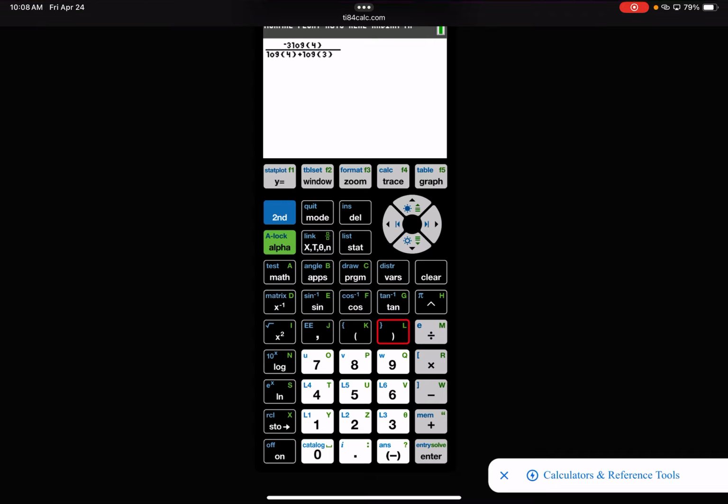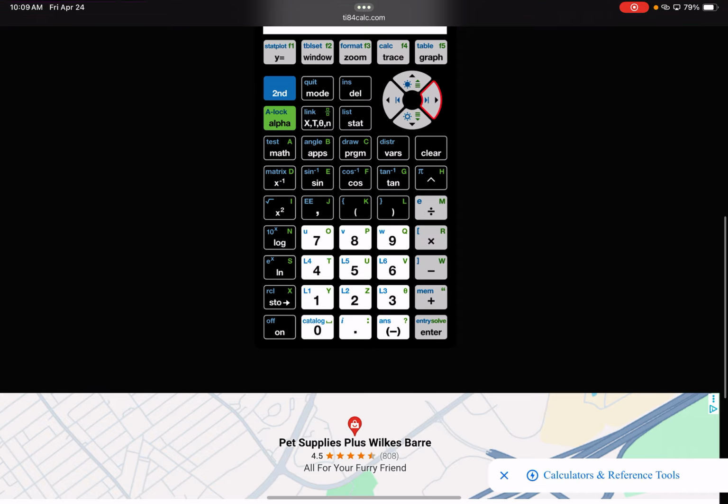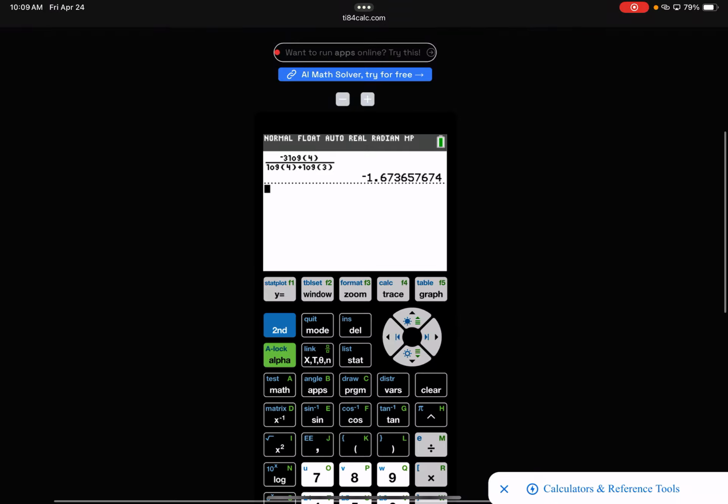Okay, hit enter. And it gives me negative 1.67 if I rounded to the nearest hundredth place.